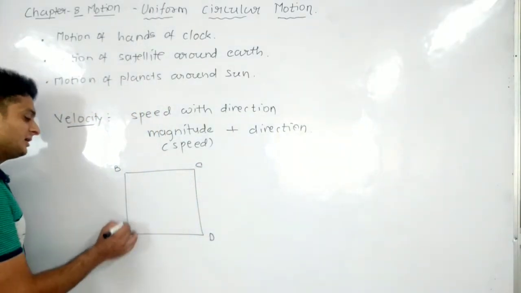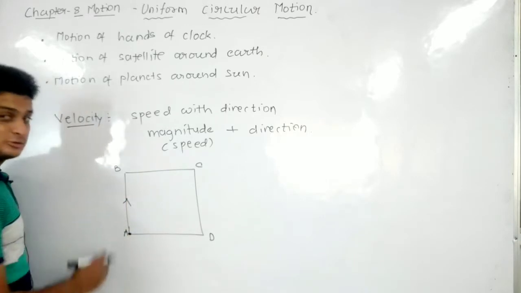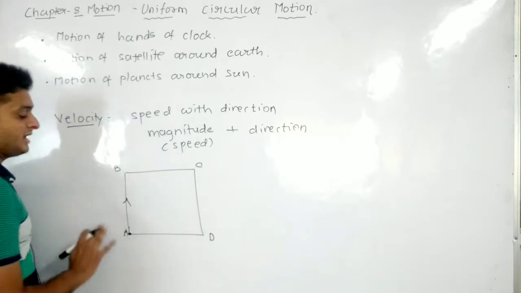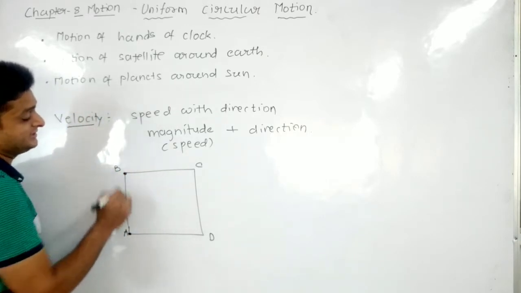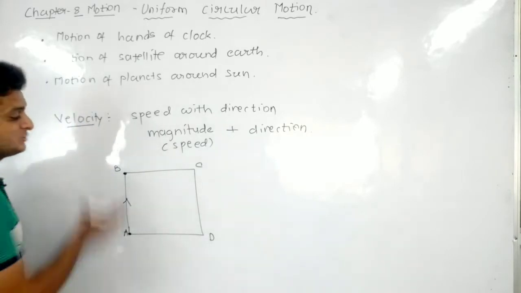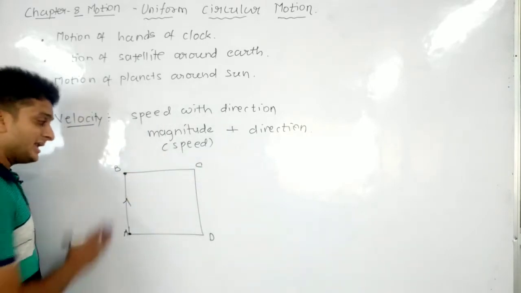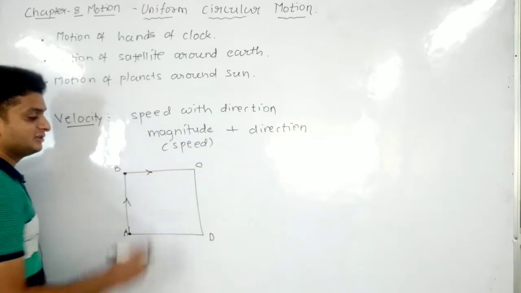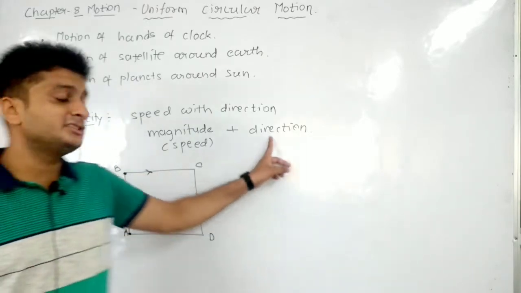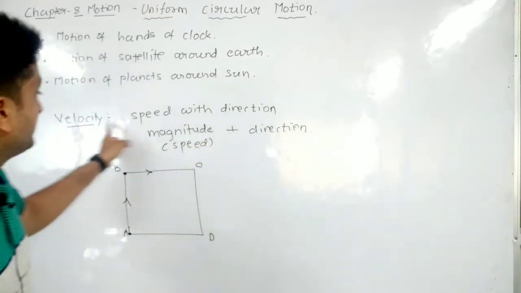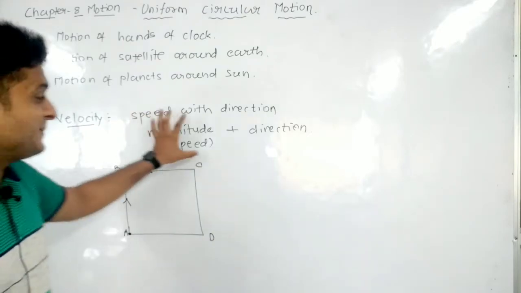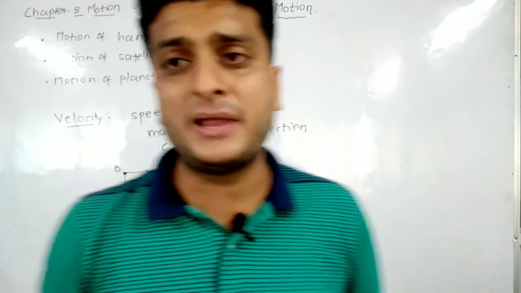Initially, your particle is moving from A to B. So this is the direction of the motion. As soon as it reaches the point B, it has to take a turn. Okay, and as it will take a turn, the direction will change. And as the direction changes, velocity also changes. See, speed is same. He is not changing the speed.